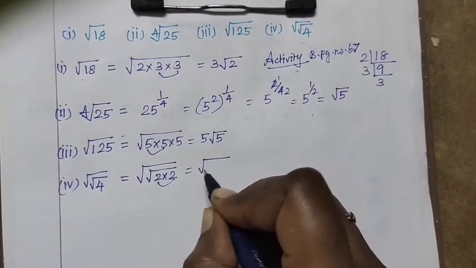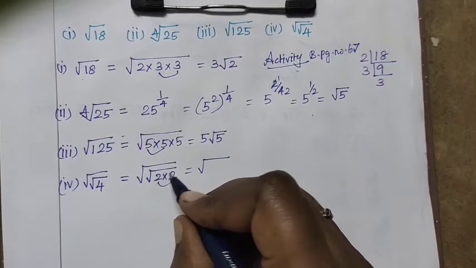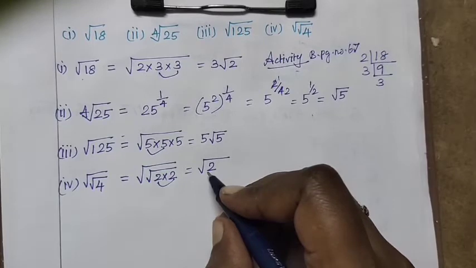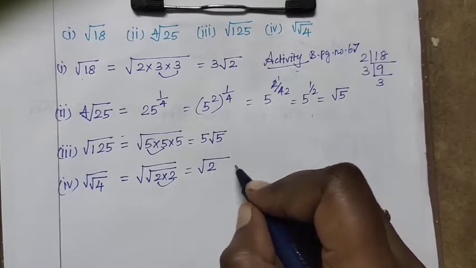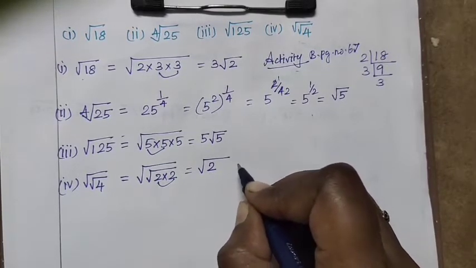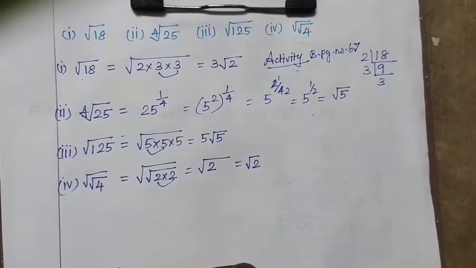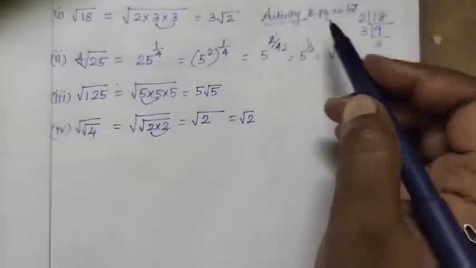So one square root, for this square root you can write one 2. Okay, what is the answer? Root 2. Observe the answers.